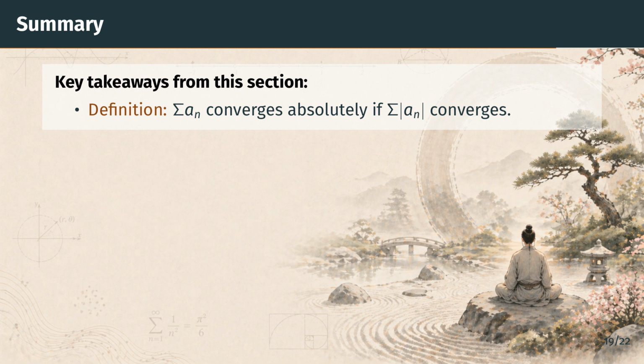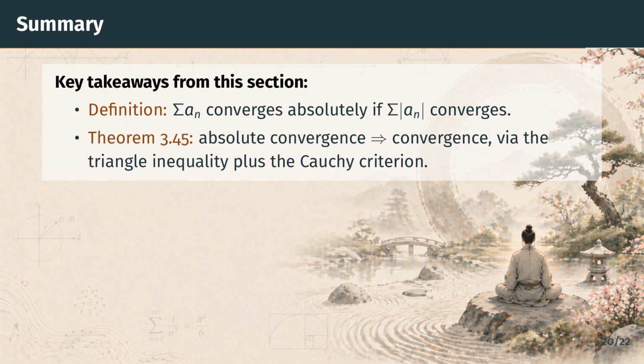Next, the main theorem. Second, the main result. Theorem 3.45. Absolute convergence implies ordinary convergence. The proof was short and clean. The triangle inequality bounds each block of the original series by the corresponding block of the series of sizes, and the Cauchy criterion then transfers convergence from one to the other.